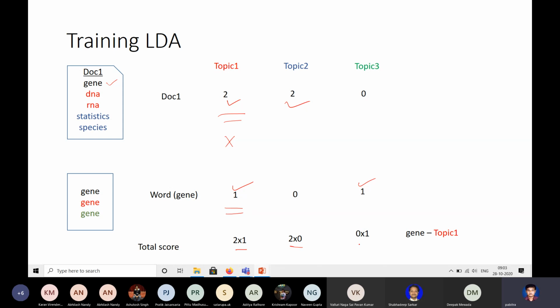Now if we look at this product score between doc and word, we see the red topic wins, so I should color it red.